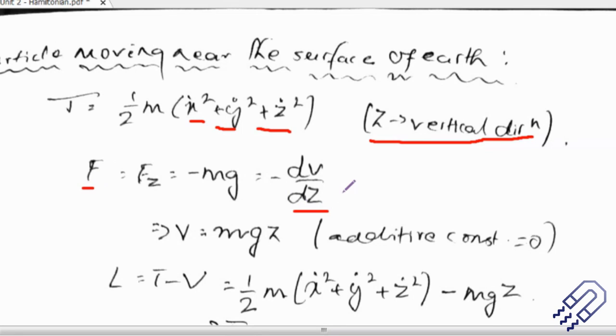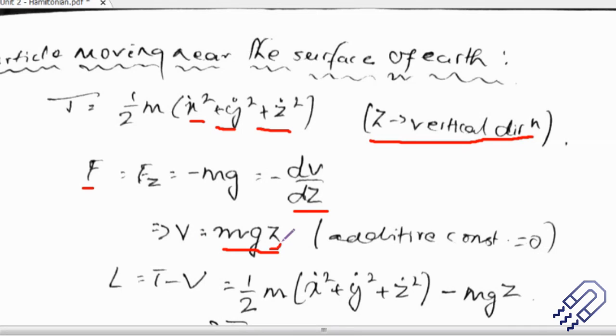F is equal to minus dV divided by dz. Force is the rate of change of potential with respect to the direction along which it moves, so it's the z-axis we're talking about. V is equal to mgz. Even if you don't show this part, if you write down V is equal to mgz, I think it's fine.